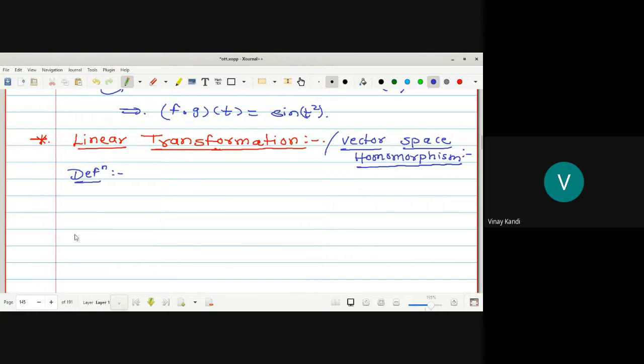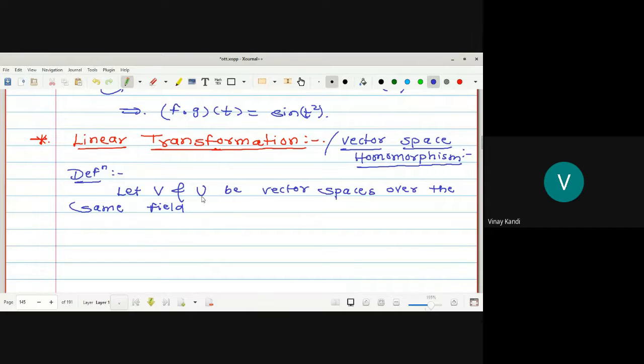Let capital V and capital U be two vector spaces over the same field F. Both the vector spaces are over the same field.